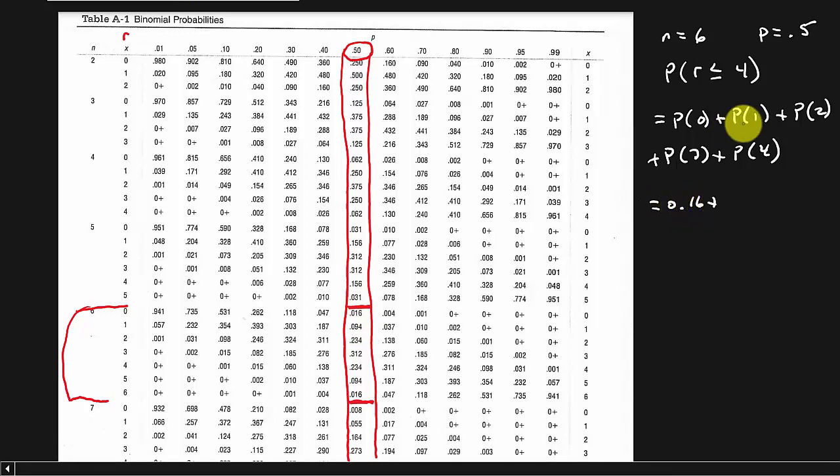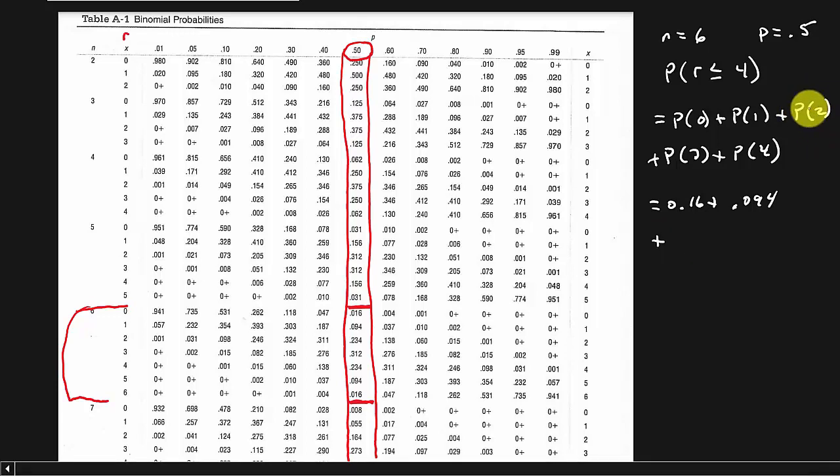So that's going to equal 0.16 plus, and then when r is 1, keep in mind you've got to be in this section where n is 6, that's going to be 0.094. I'm having a little trouble seeing those little numbers, so I hope I don't write them down wrong.